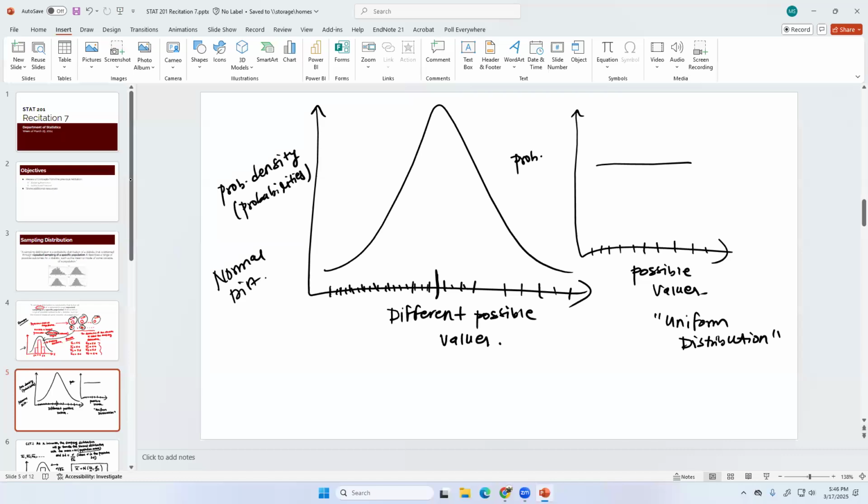So this is what it means when I say distribution, okay? You have a random variable that can take different possible values, and you see what sort of probability each possible value has. Okay, that is what a distribution tells you.